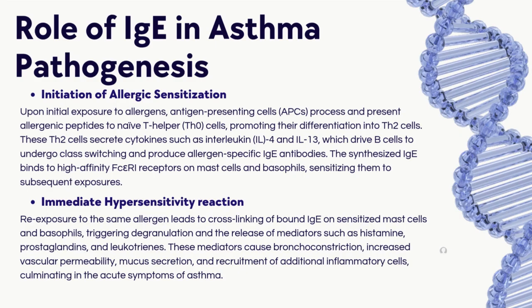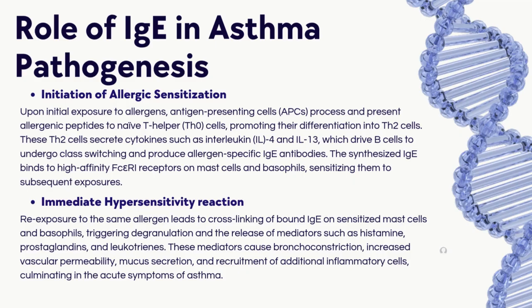These Th2 cells secrete cytokines such as interleukin, IL-4, and IL-13, which drive B cells to undergo class switching and produce allergen-specific IgE antibodies. The synthesized IgE binds to high affinity Fc epsilon receptor 1 on mast cells and basophils, sensitizing them to subsequent exposures.